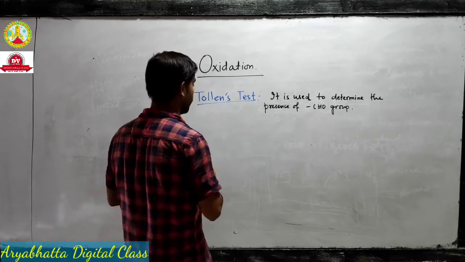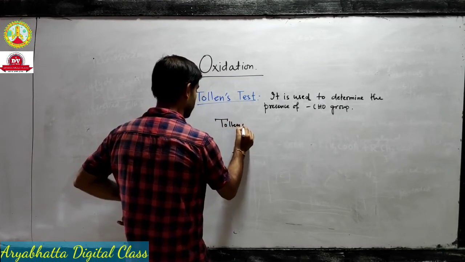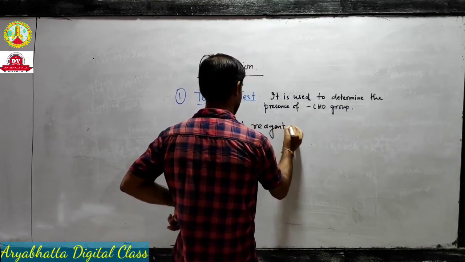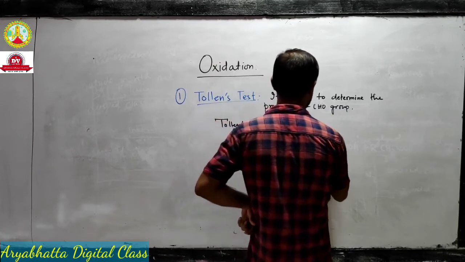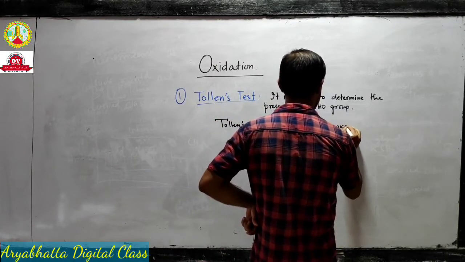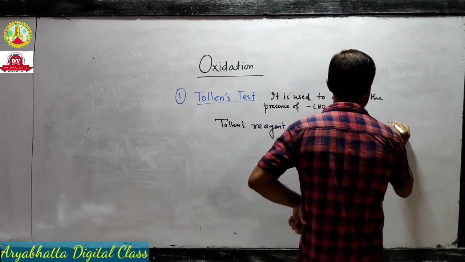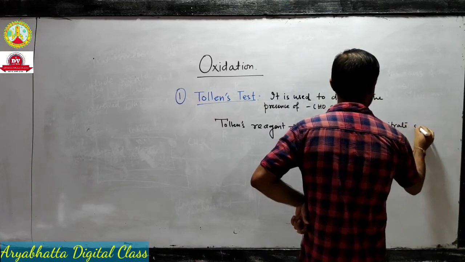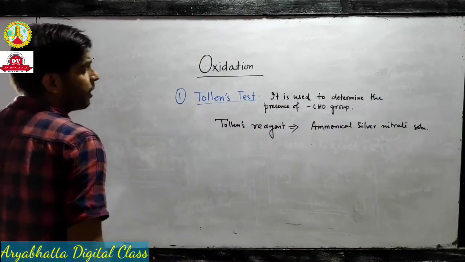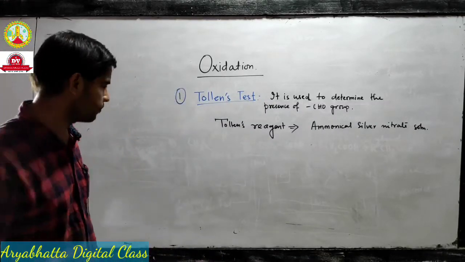To perform the Tollens test, we need Tollens reagent. Tollens reagent is ammoniacal silver nitrate solution, or you can say silver nitrate dissolved in ammonium hydroxide.